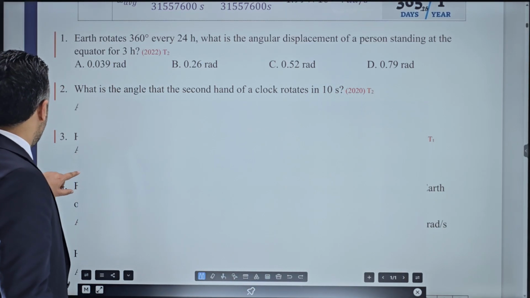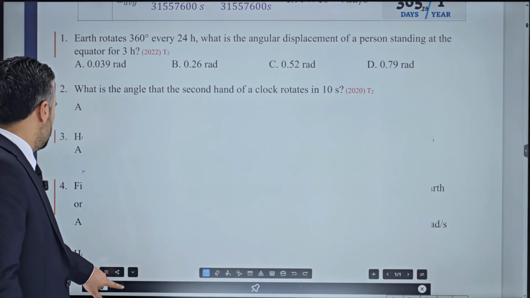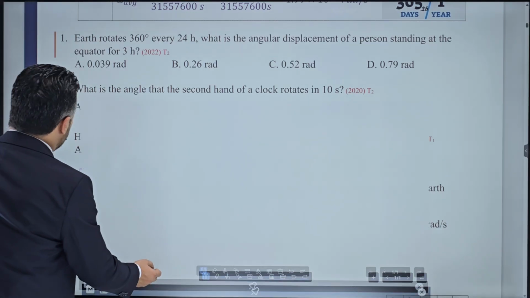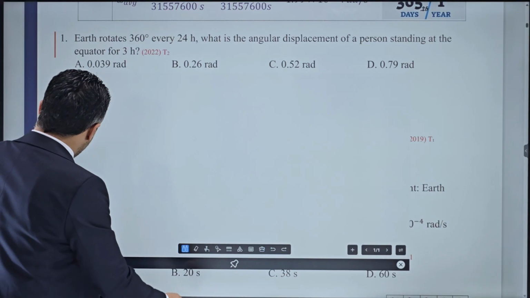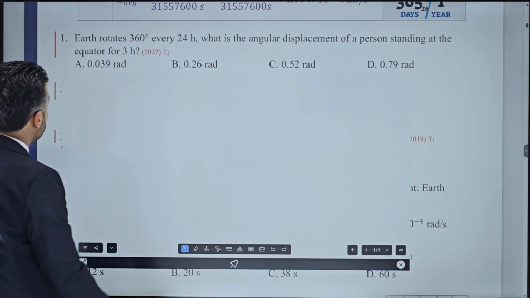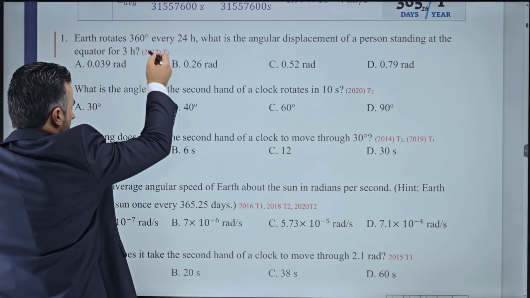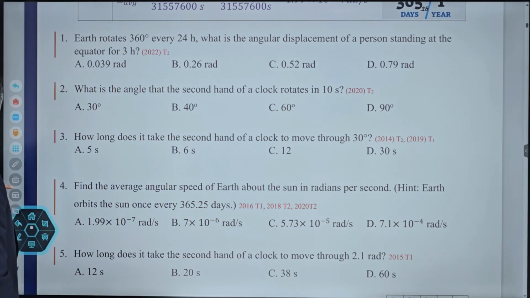All right. Now, I want you to focus on what I'm doing here in order to answer those questions. Okay, so the first thing that we have, what does it say? It says the Earth is rotating. Earth rotates 360 degrees. Isn't this the same as saying 1 rev?